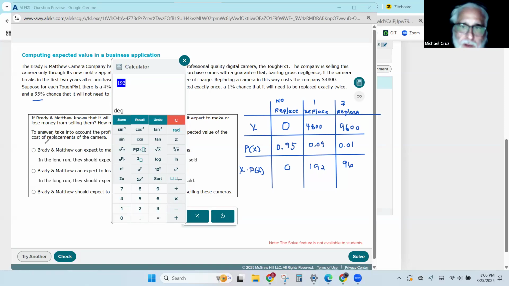So then our expected value is equal to 0 plus 192 plus 96. Now what this means is, on the average, they're paying out $288 per camera.